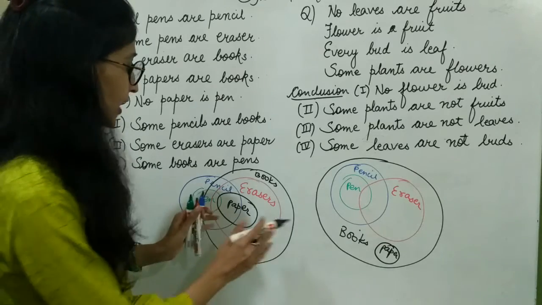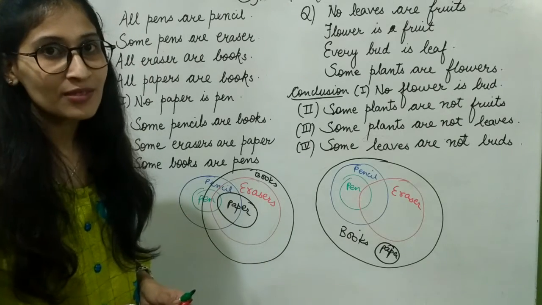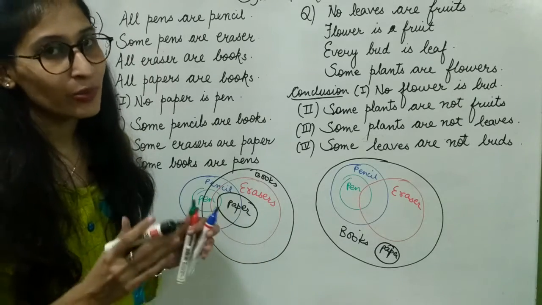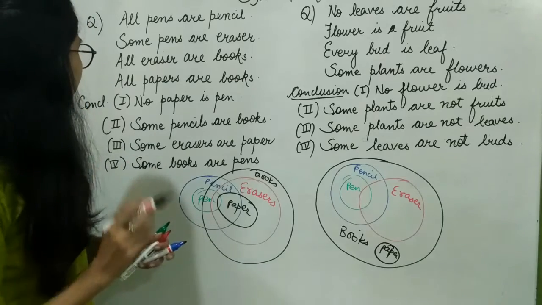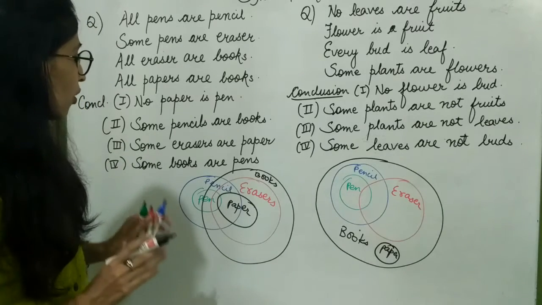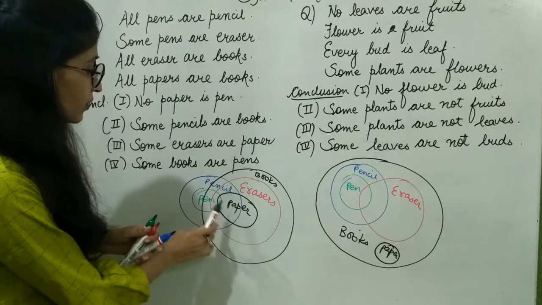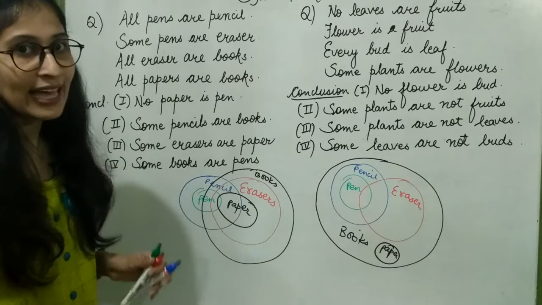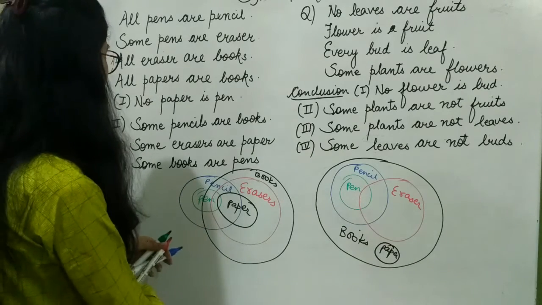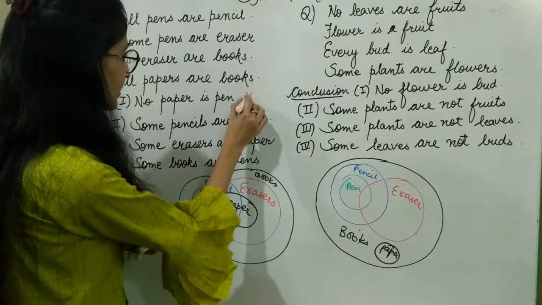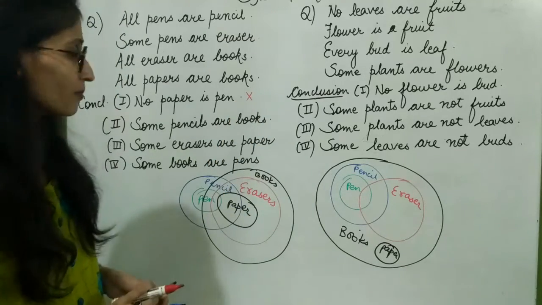So these are my two possible Venn diagrams. Now let's start with the conclusions. First conclusion is saying no paper is a pen. But in my first diagram, some papers can be pens. So the first conclusion is not satisfying the Venn diagram.